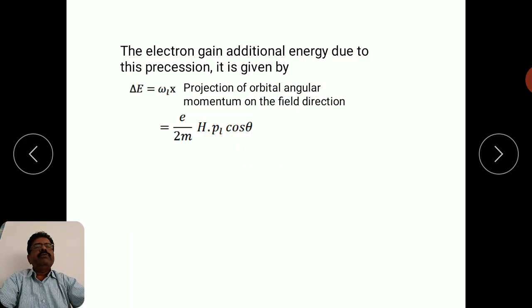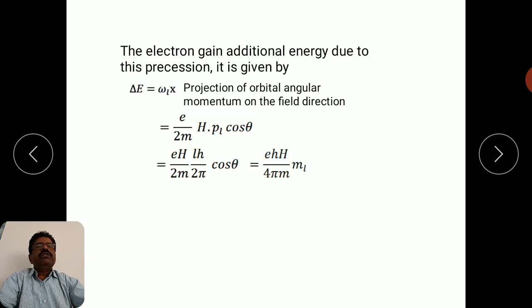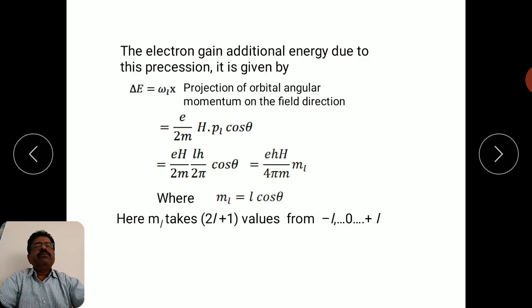So you can substitute here eh upon 2m, and PL as Lh upon 2 pi, into cos theta, or this is simply eh upon 4 pi m into ml, where this L cos theta is nothing but ml. We have already seen this while studying the quantum numbers, the orbital magnetic quantum number ml.